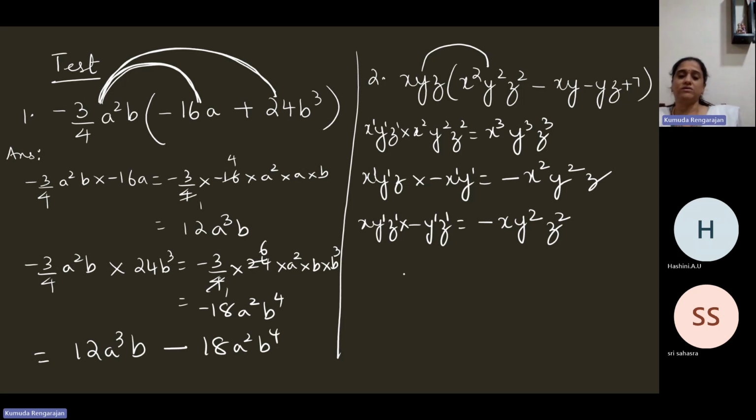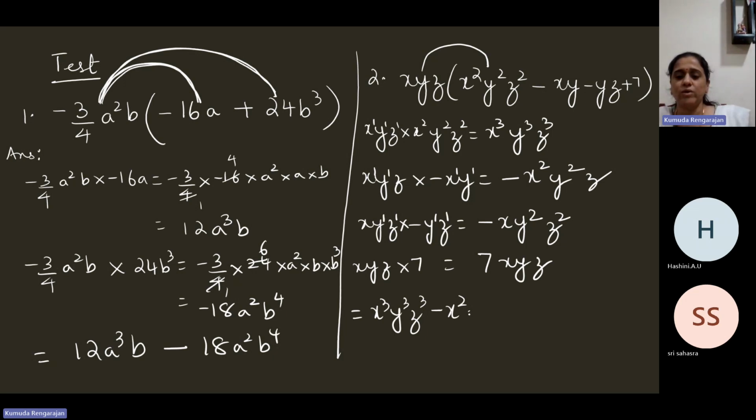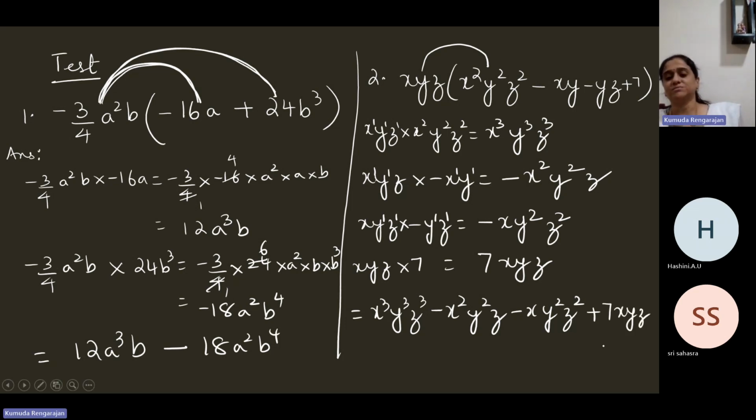You're multiplying, children. When you multiply, you need to add the powers. And finally, xyz into 7 is 7xyz. So the product is x cubed y cubed z cubed minus x squared y squared z minus x y squared z squared plus 7xyz. No sign means plus.